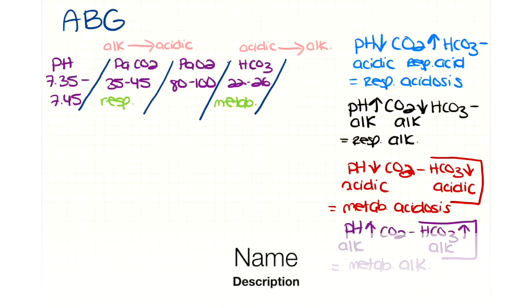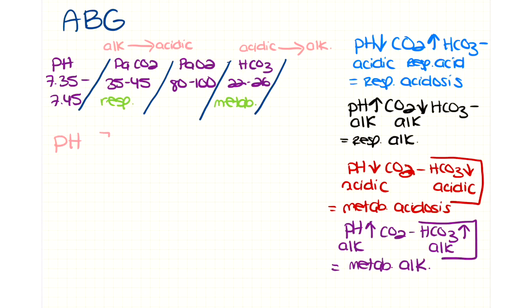I'll go ahead and do a sample problem. So our pH is 7.29. Our PaCO2 is 52. And our bicarb is 24.